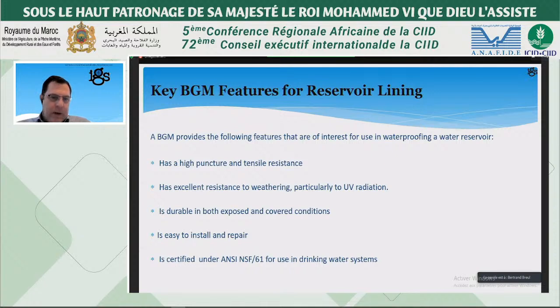It's also durable in both exposed and covered conditions. It's easy to install and repair. And for reservoirs, it has another advantage: it can be repaired underwater. And finally, it's a product that is NSF 61 certified, and it's approved for use in drinking water systems.